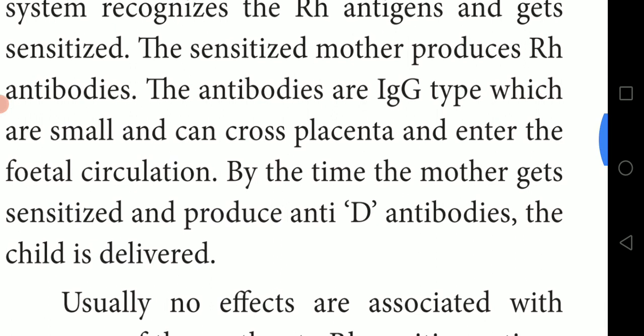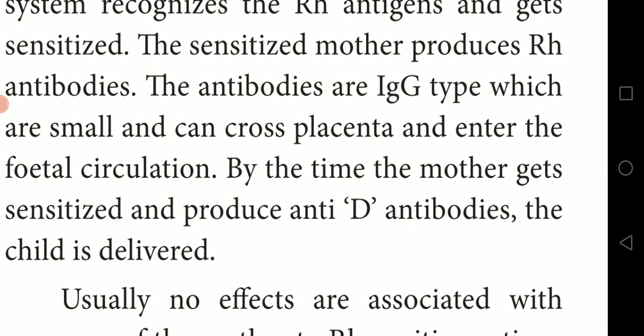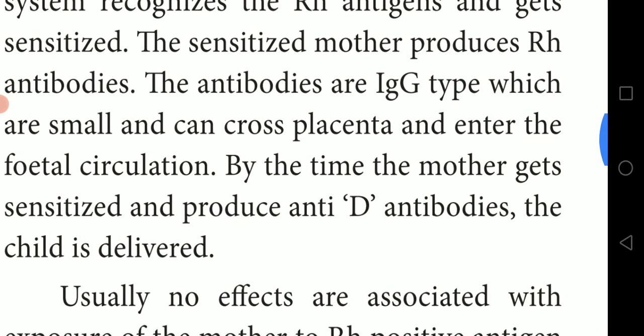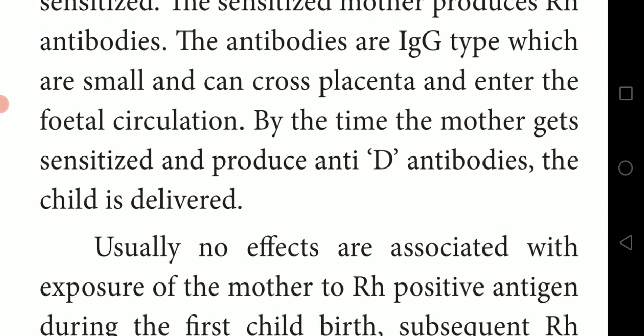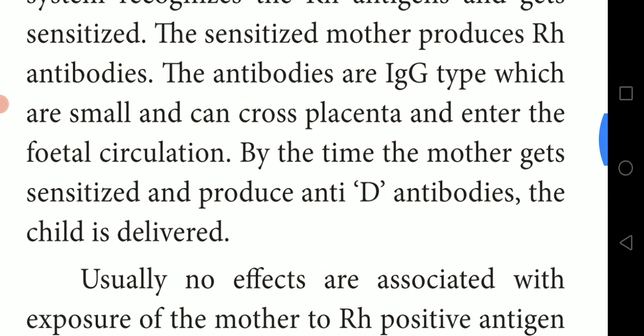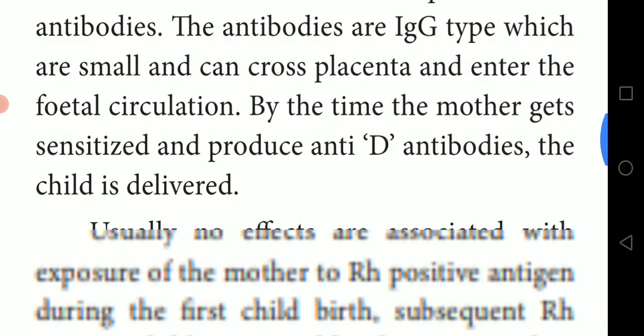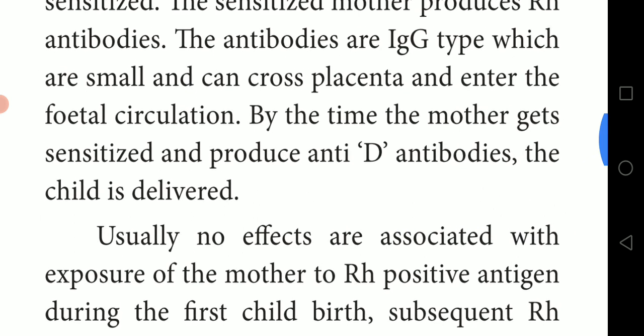The mother's blood as well as the child's blood are mixed during that time. The antibodies produced by the mother, of IgG type, enter the fetal circulation. Fetal circulation means the child's circulation. By that time, the mother gets sensitized and produces anti-D antibodies. The child is delivered.